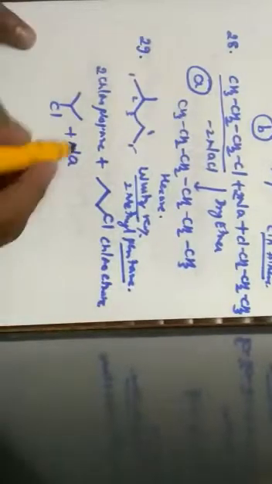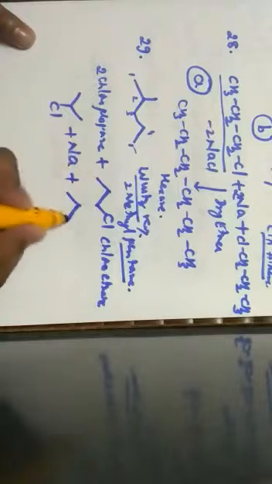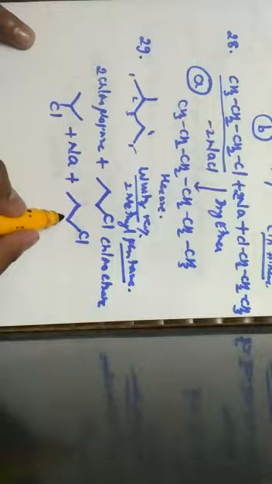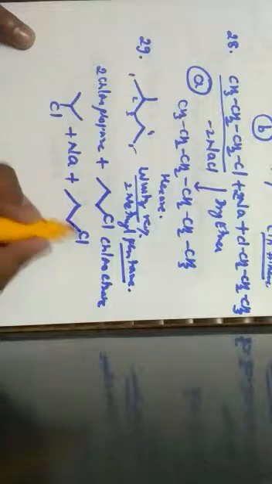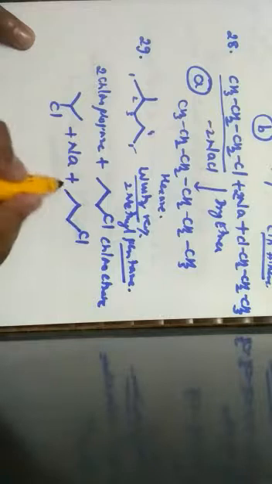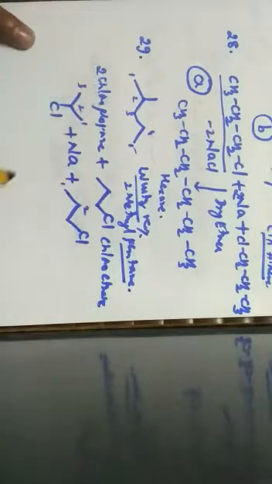To complete this reaction, I can write 2-chloropropane. This is the structure of 2-chloropropane when it is made to react with sodium metal in the presence of chloroethane, because this is the chloro group that is attached. This is 1 carbon, this is the 2nd carbon, and this is the chloro group. This is 1st carbon, 2nd carbon, 3rd carbon.